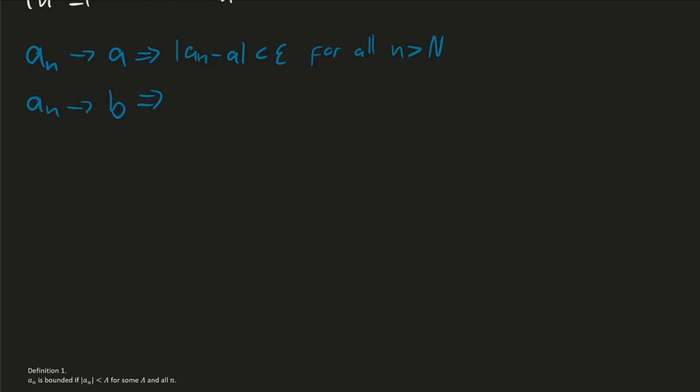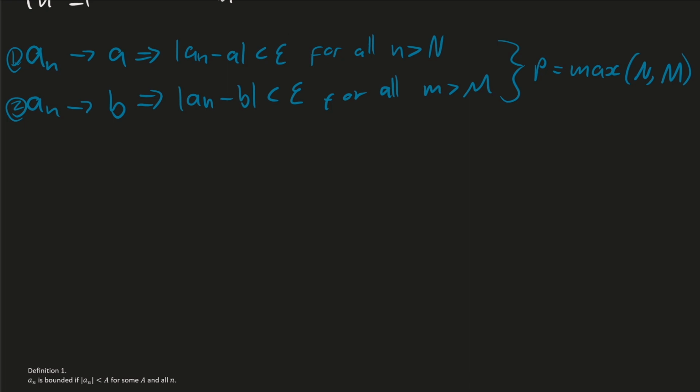And again, essentially writing the same thing out again, |a_n - B| is also less than epsilon, because epsilon's arbitrary, we can choose it to be the same, and perhaps, just for the sake of it, we'll say it's a different number. And then, because we've said it's a different number, we'll let P be equal to the max of the two numbers.